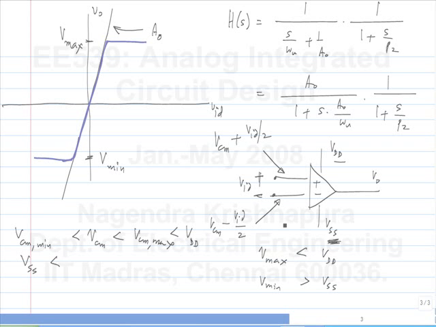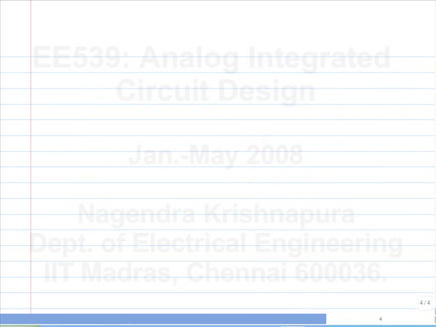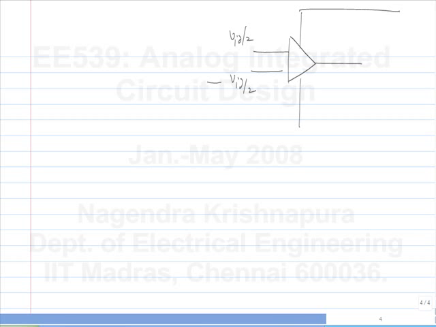It's biased with 0 volts. So normally that's how you do things. If you look at the voltages at the inputs, it will be like this, and this is the ground with which we measure all the voltages. So this will be some supply.